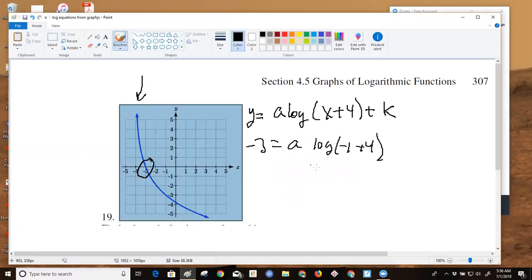So -1 plus 4 is 3. So -3 equals a times the log of 3. So a has to equal -3 over log 3.